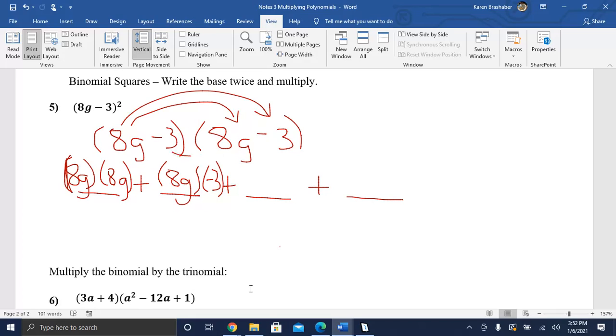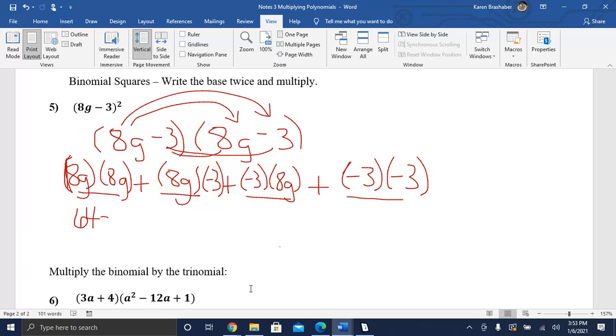Then we'll come back to here. We'll take negative 3 times 8g. And finally, we'll be taking negative 3 times negative 3. So 8 times 8 is 64.